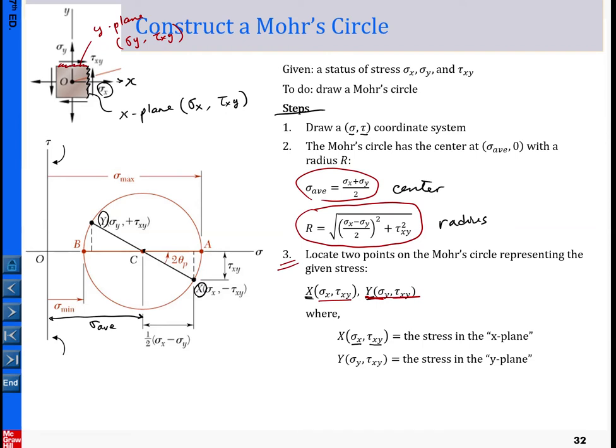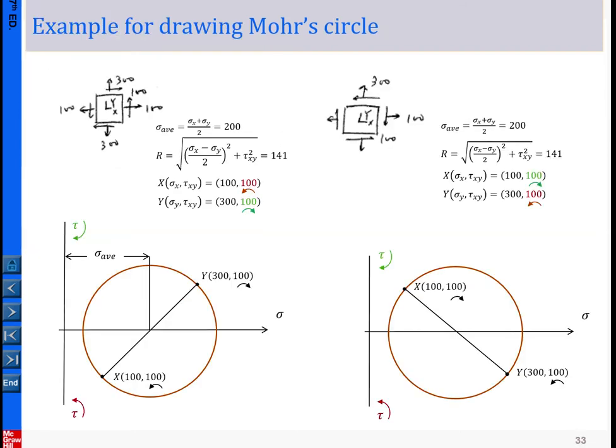Once you can manipulate the Mohr circles very well, these would be the only two equations you need to memorize to handle all the stress transformation problems here. Now we move on to look at the examples, and I want to show you in detail how we build up the Mohr circle and proceed from that point onwards.